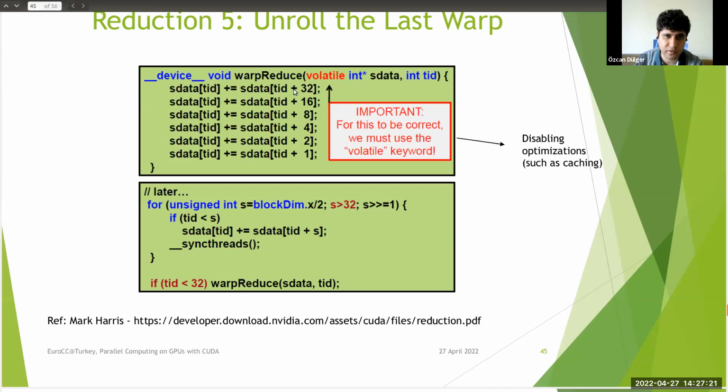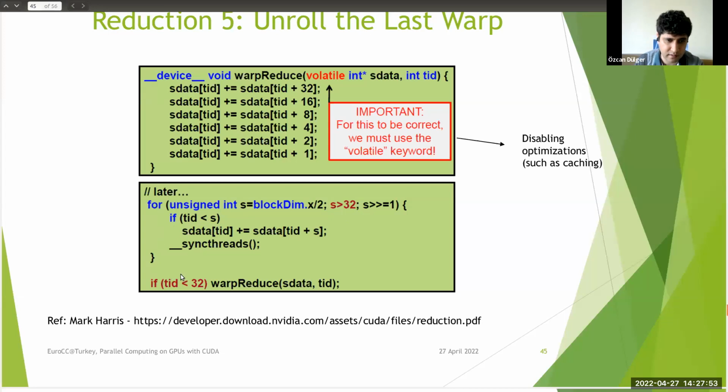And then since we unroll the last 6 iterations of the for loop, we can replace s greater than 0 with s greater than 32. Okay, so we unroll the last 6 iterations, and then the for loop terminates and only a single warp will be active.